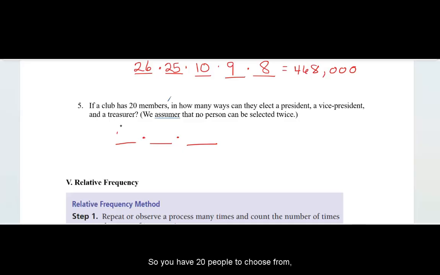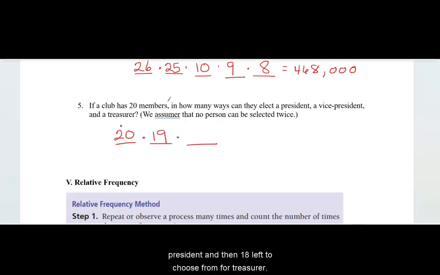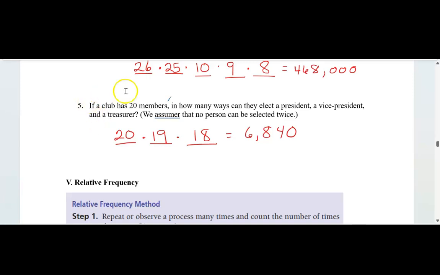So you have 20 people to choose from, but you can't choose the same person, right? Whoever got chosen for president can't be here now. That means I have 19 left to choose from for vice president, and then 18 left to choose from for treasurer. That gives me 6,840 possible outcomes or possible combinations.